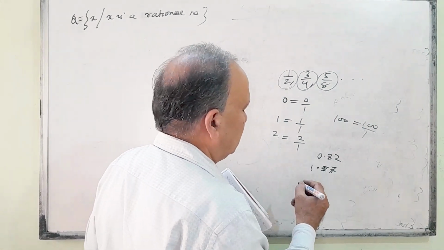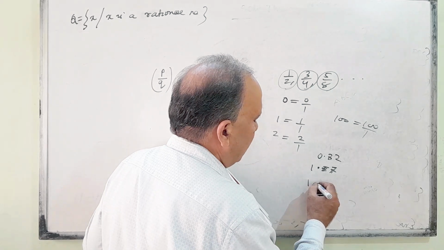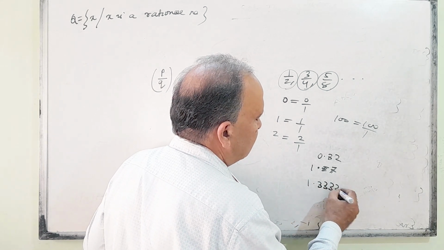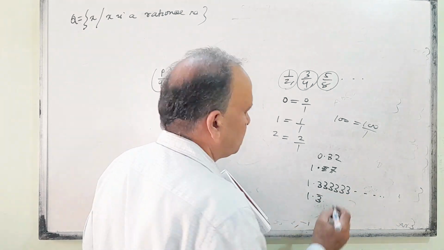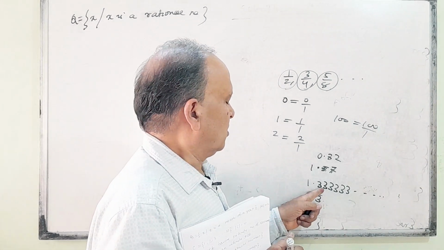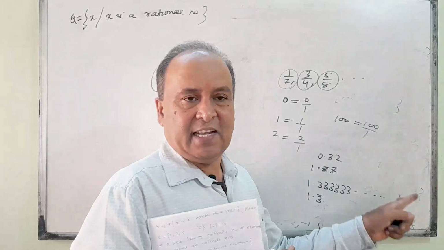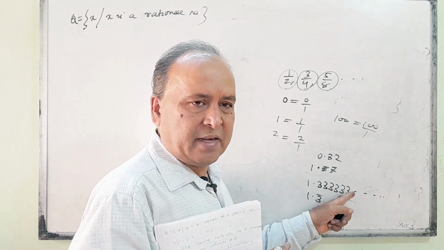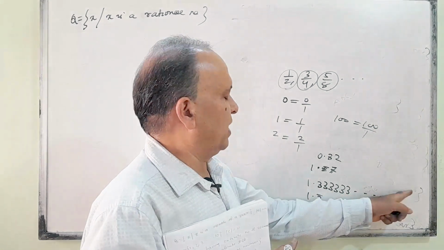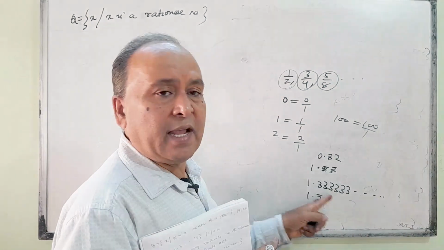And there are some decimal numbers like 1.333333, which we can write as 1.3 with a bar. These are recurring non-terminating decimal numbers. Recurring means these are repeated. Non-terminating means these do not end. These are also rational numbers.